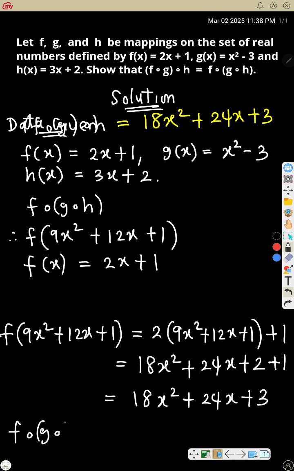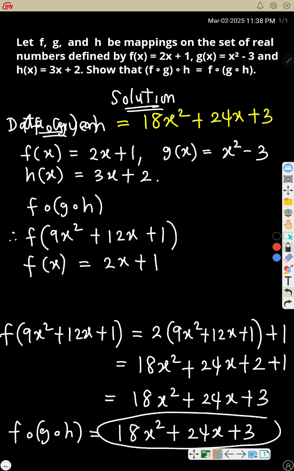So that means f of g of h is equal to 18s squared plus 24s plus 3. Now if you look at this result here and the result we got before, you see it's the same.